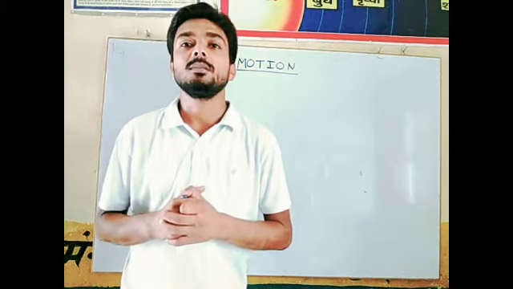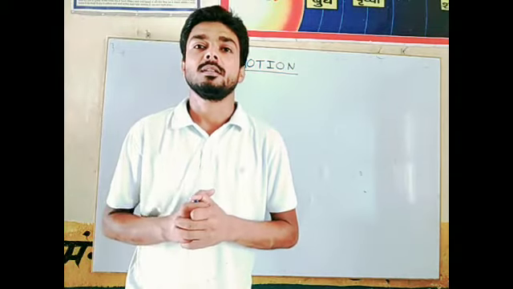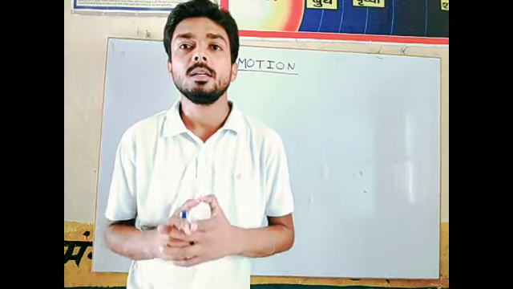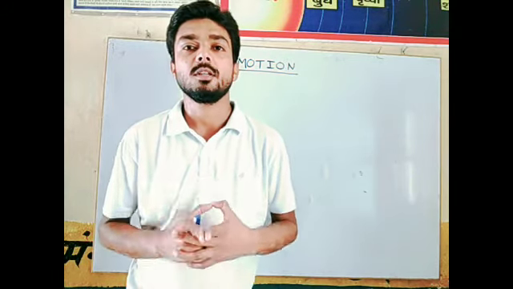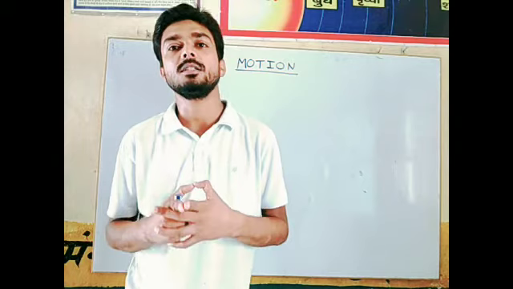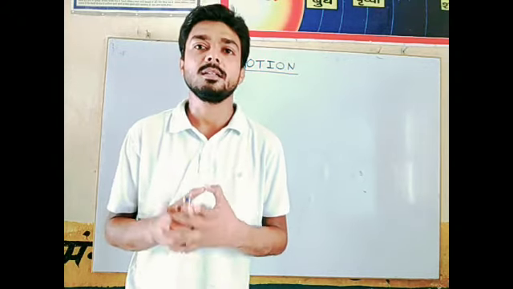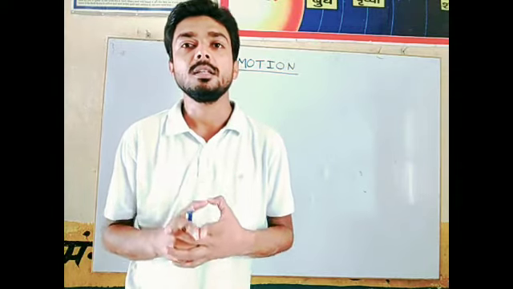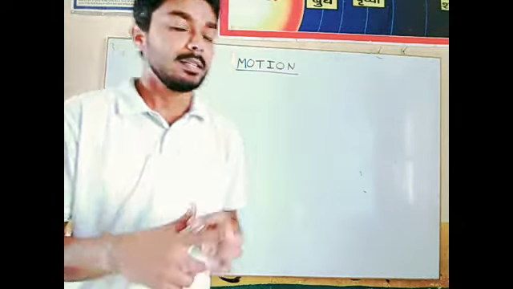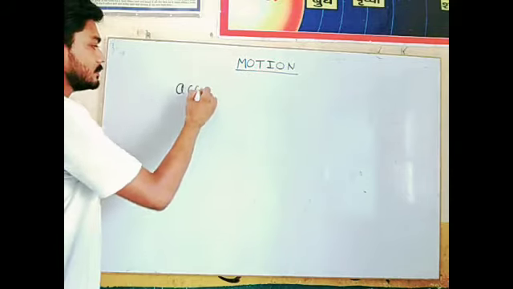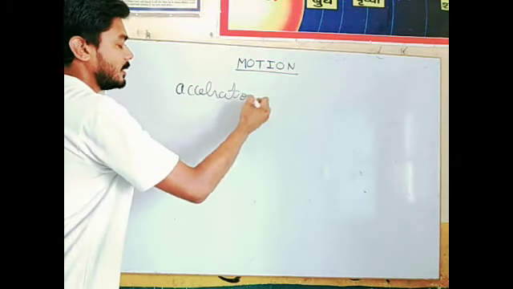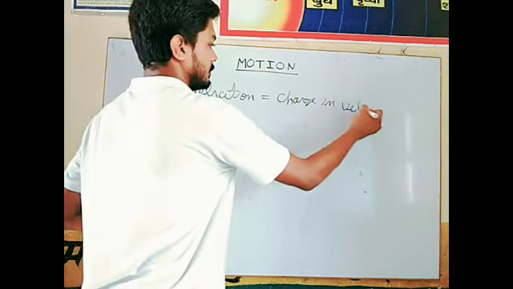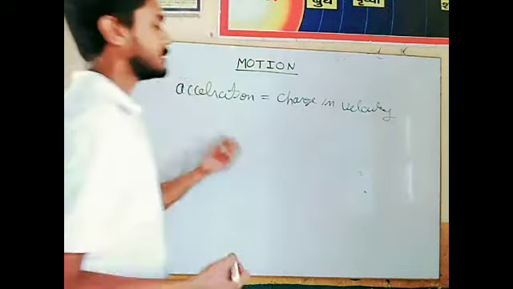Students, here acceleration means change in velocity. Whenever the word acceleration comes, always remember that there will be a change in velocity. Whenever a body changes its velocity, either increasing or decreasing, you will say that the body is in acceleration. Then you will write that acceleration is changing velocity with time.